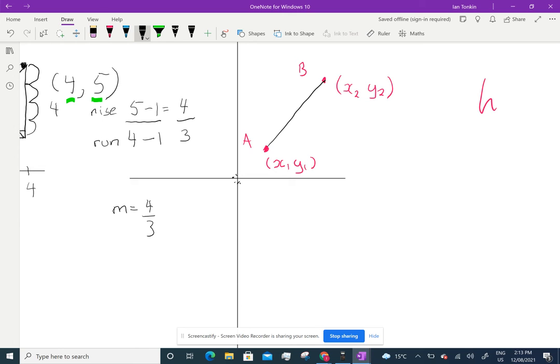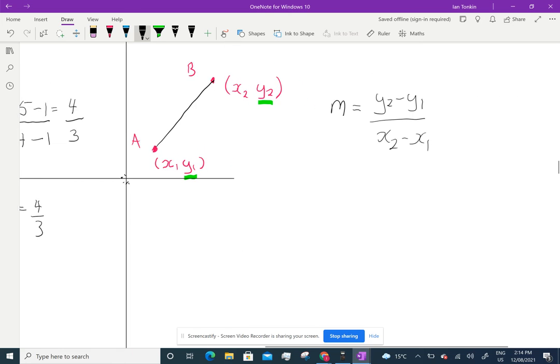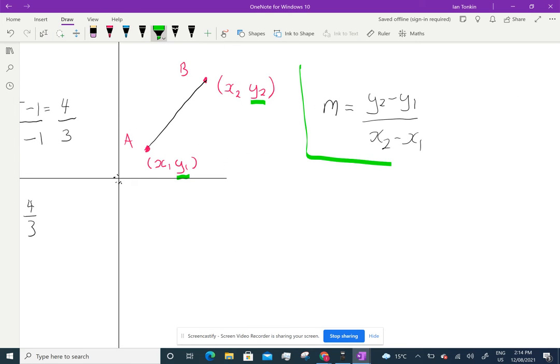Well, to get the rise over the run, we subtracted how far up? So the gradient, we subtracted the y's, y2 minus y1, and to get the run, we subtracted the x values. So it was x2 minus x1. And that is the formula for gradient.